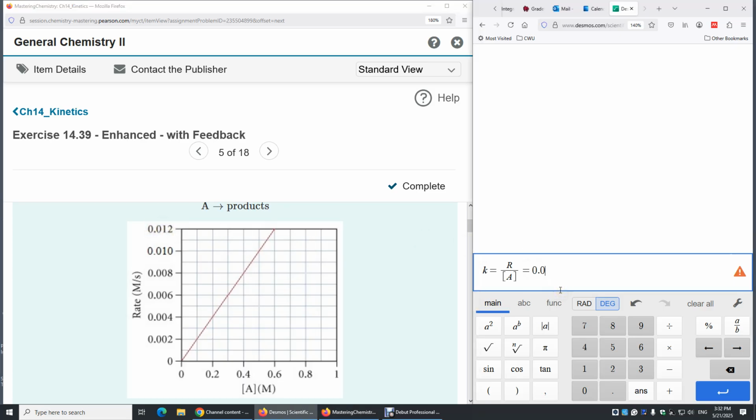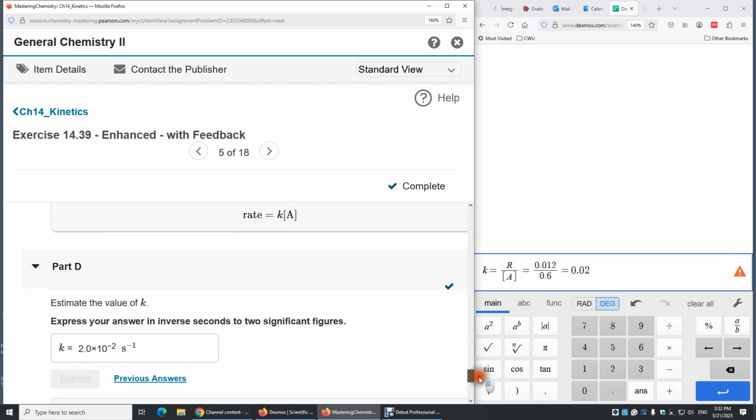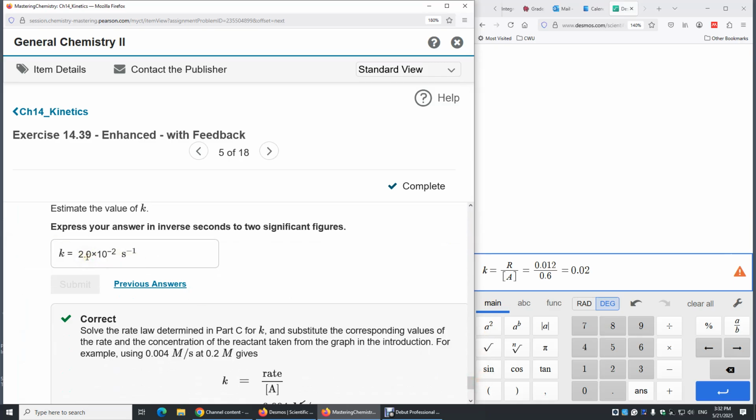So 0.012 as the value of R, 0.6 as the value of A, and when you do this, you get 0.02. The unit is going to be molar per second divided by molar. So over here, the answer should be 0.02 per second.